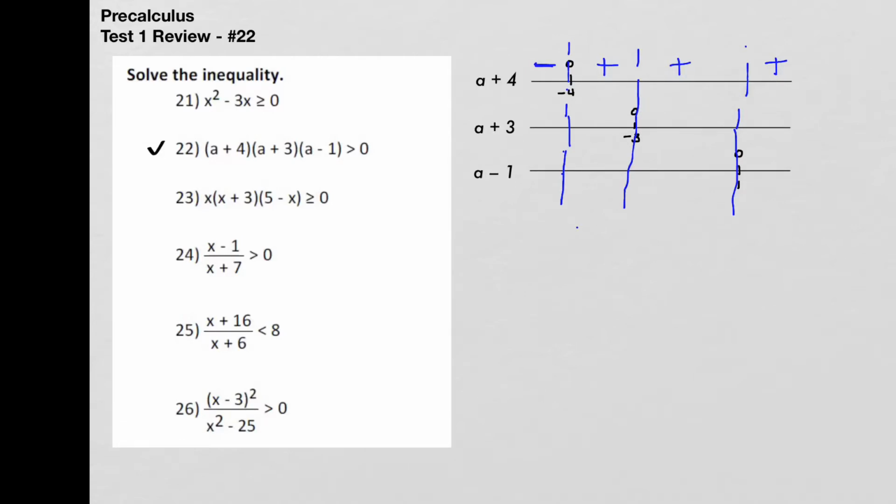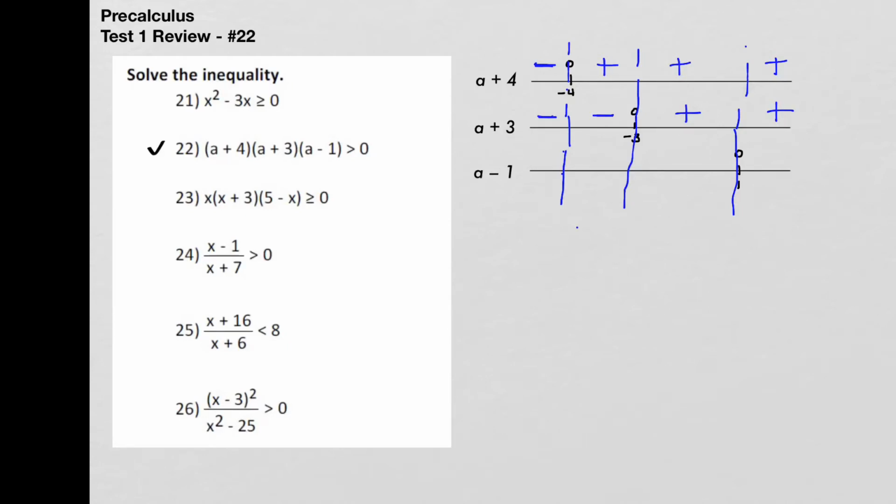So I choose a number that's less than -3, say for example -4, and that gives me a negative. So I'm going to have negative here and negative here because both of those intervals are less than -3. And then I try a number greater than -3, like -2, and that's going to give me a positive. So we'll have a positive from then on.